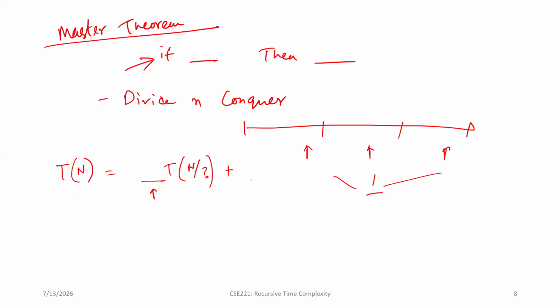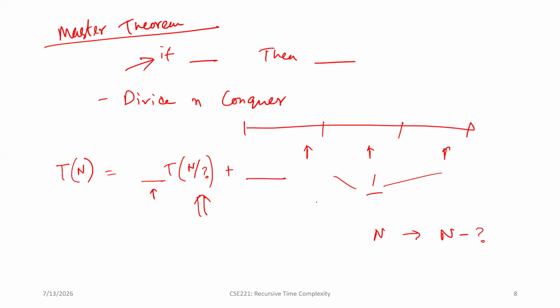And then there will be some additional time complexity. If the recurrence is in this format, exactly division, then only we can apply master theorem. If n is reduced to n minus something, then we cannot.